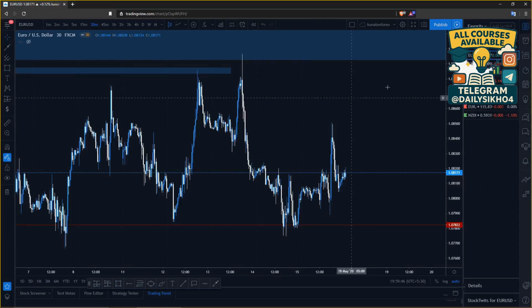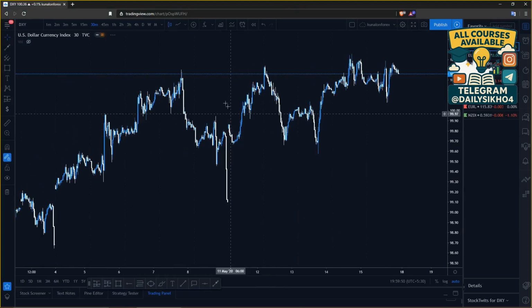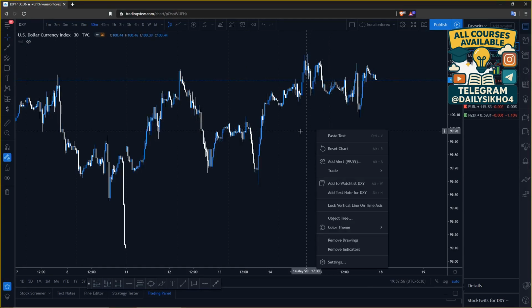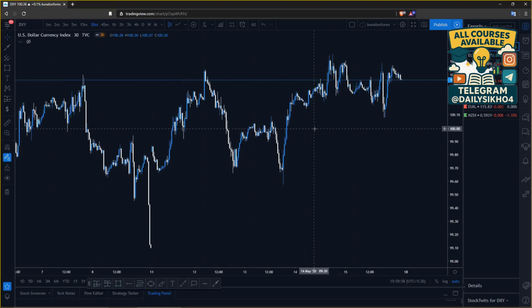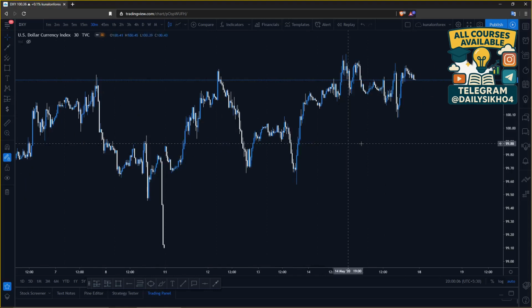Also if we take a look at the DXY, you see it's kind of the same price action. So what I mean by that is, whenever we trade Euro USD, we always take a look at the DXY, and whenever you're also dealing with some major pairs, you have to take a look at the DXY. Let's say the Euro USD, the AUD USD, the NZD USD.